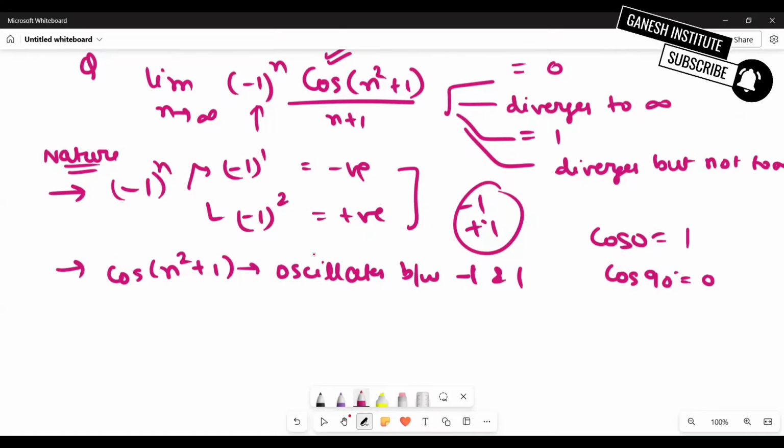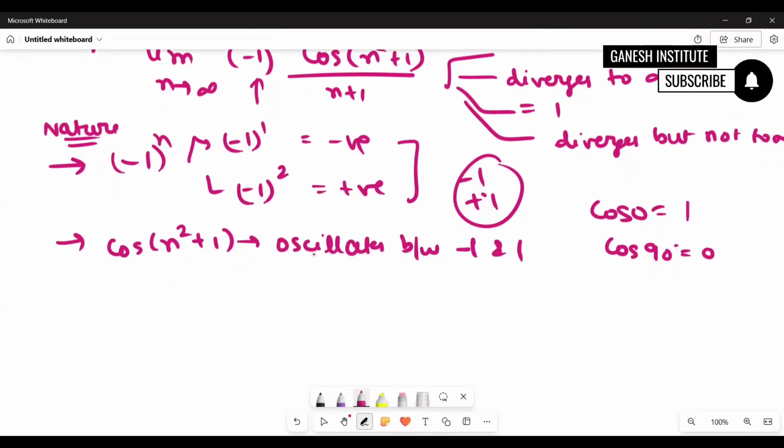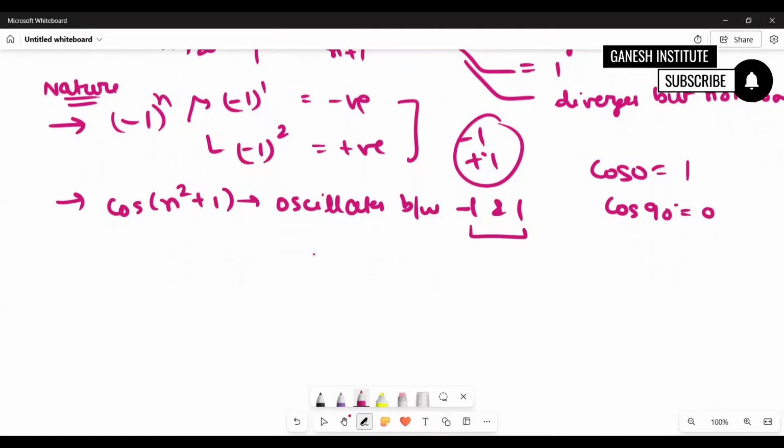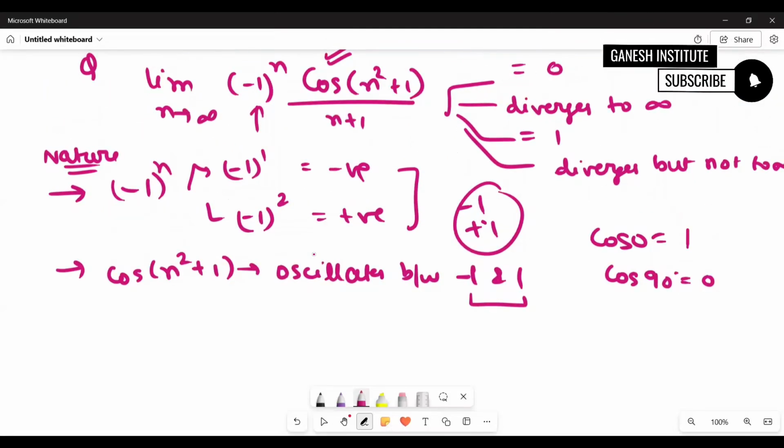Do you know what a bounding function is? Upper bound, lower bound, the upper limit or lower limit up to which it can extend. So I know the value is lying between minus 1 and 1, so of course the function has to be bounded. And then I have n plus 1.